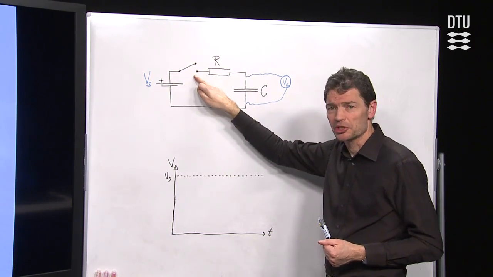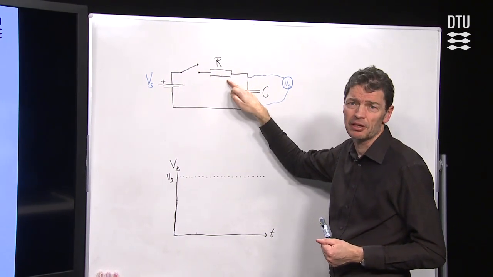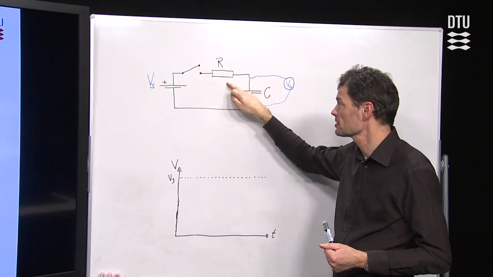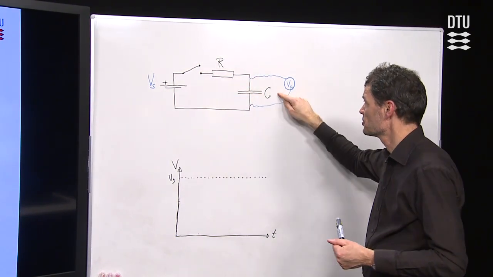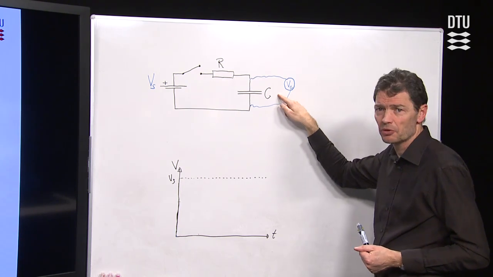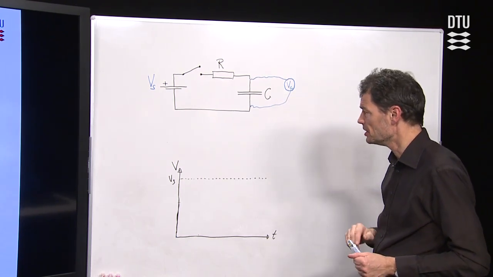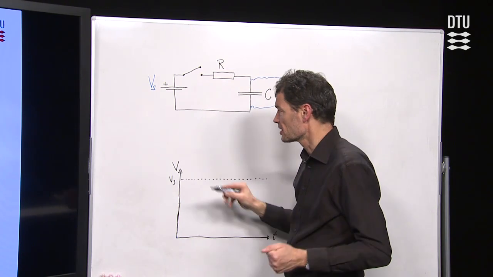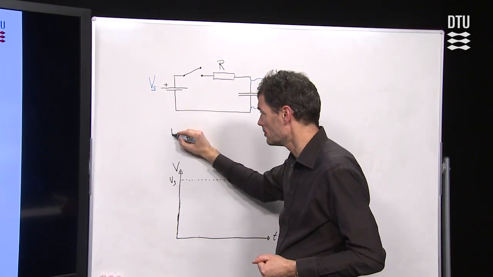When we draw the switch here, it connects through the electrical resistance here, and we measure then the voltage over the capacitor with this VC. That's an equation that explains how it develops over time.